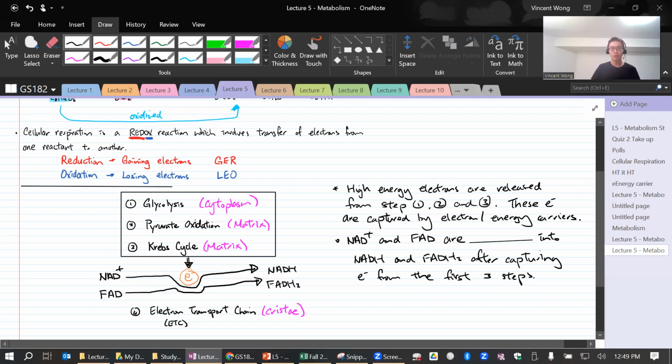What should go into the blank here? What's the right word? Should it be oxidized into NADH and FADH2, or should it be reduced into NADH and FADH2? What goes in here? Please read the sentence and tell me.